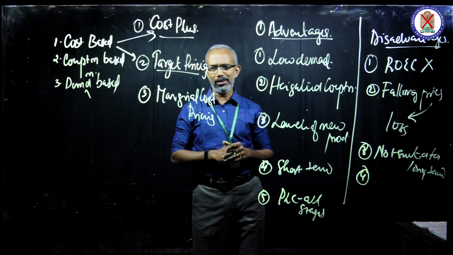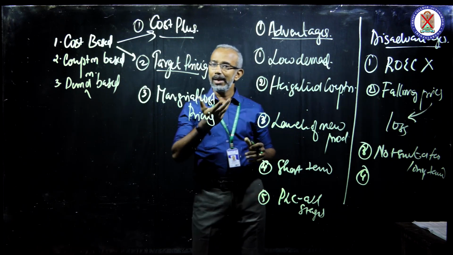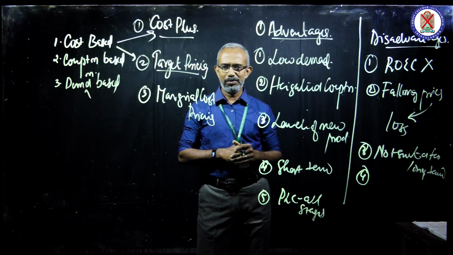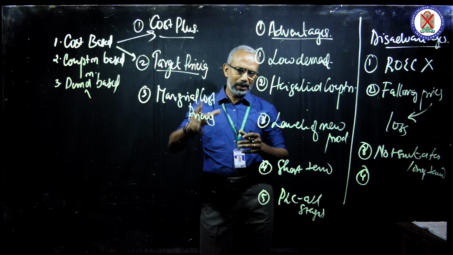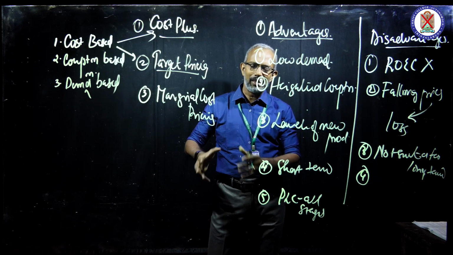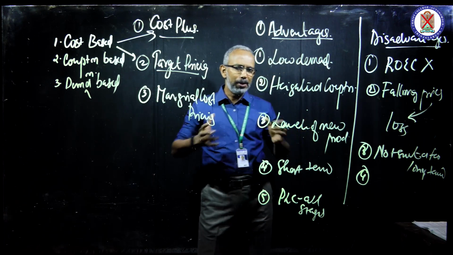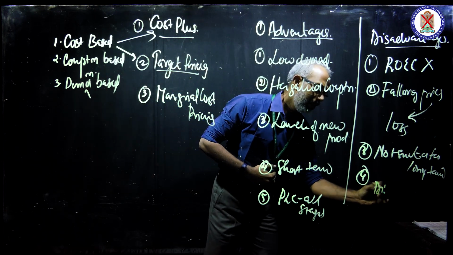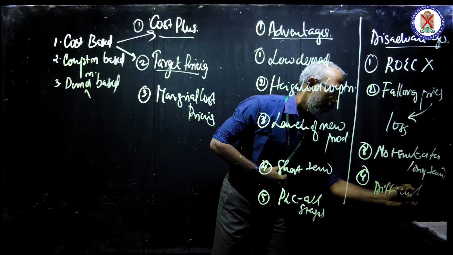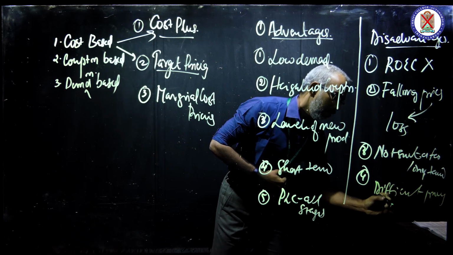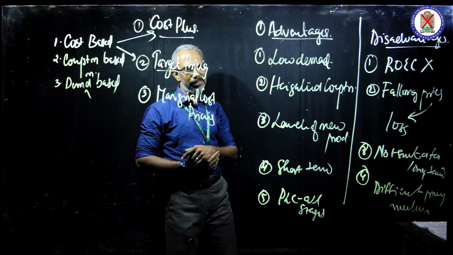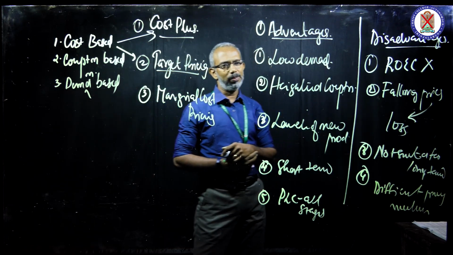Your marginal cost pricing needs complicated algorithms to find out what your marginal cost will be, how it affects, how much percentage of your variable cost is allotted to a particular product. So computation doesn't become easy. So it is a difficult pricing mechanism. These are the 4 disadvantages of marginal cost pricing.